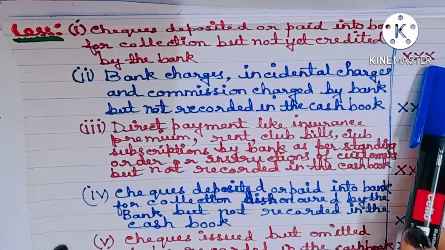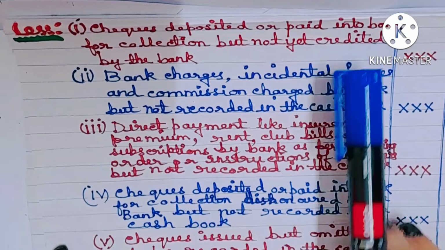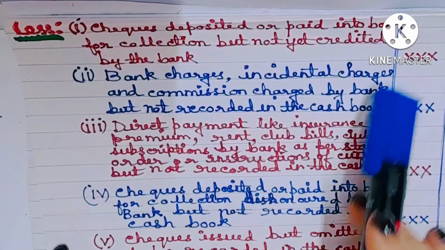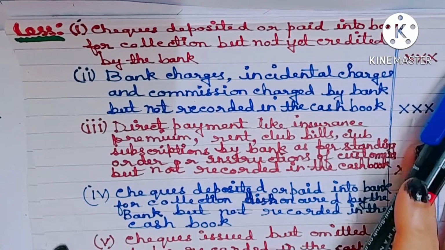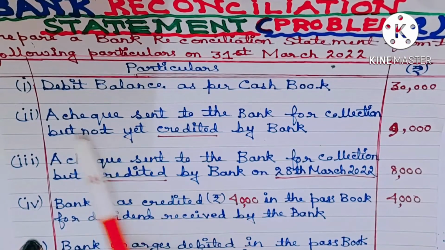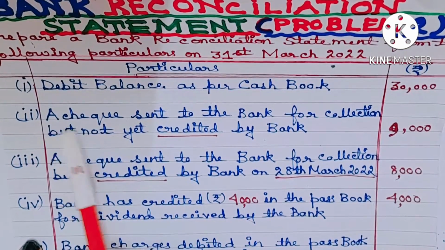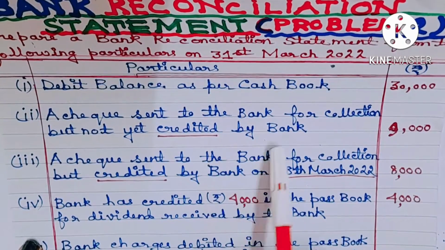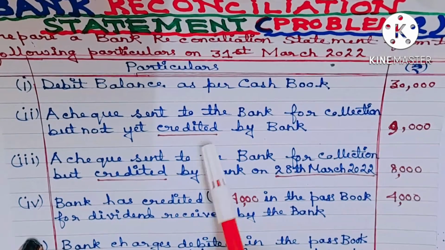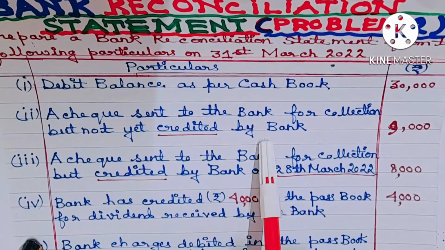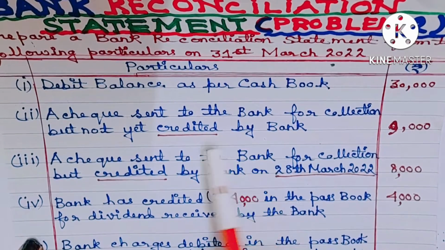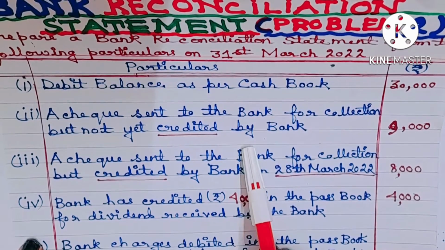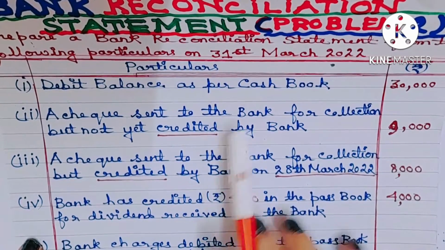But we should understand why we should deduct these transactions. So let me make you understand through rough work first. Now let's see the transaction once again. Number 2, a check sent to the bank for collection but not yet credited by bank, 9,000. What do you mean by credited by bank? Please remember, credited by bank refers to deposits in the bank account, or amounts added to the bank account.